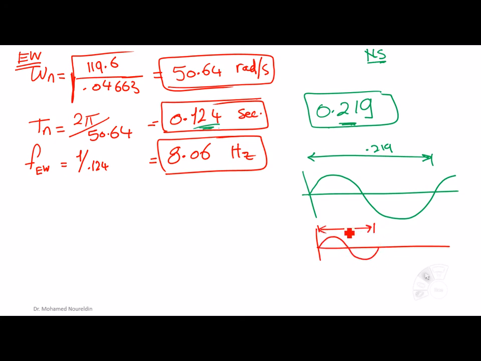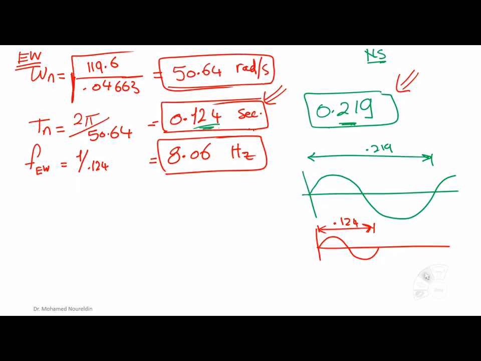Let's assume. So 0.124. This means that this system is stiffer, so its natural period is lesser than the natural period of the other direction.